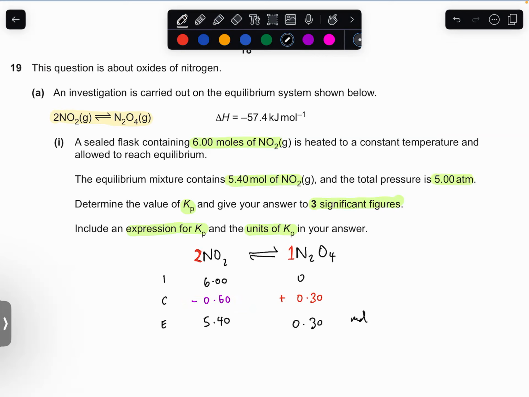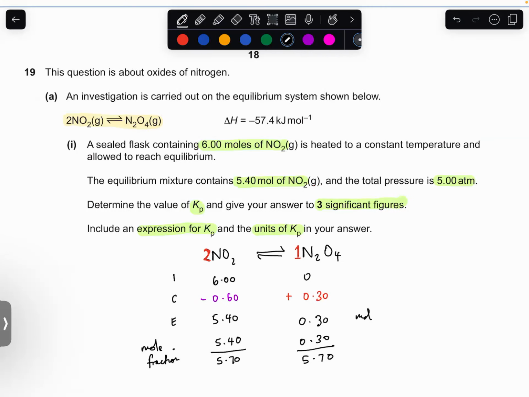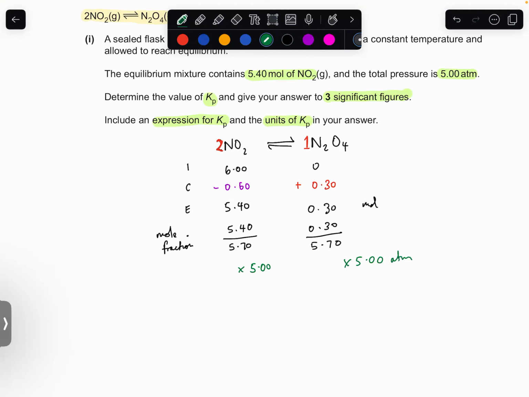Now, we need to work out the mole fraction because we're dealing with partial pressures. The mole fraction will be the moles of the substance at equilibrium divided by the total number of moles, which is 5.70. This will be 0.30 divided by 5.70. And if we multiply by the total pressure, which is 5.00 atm, that gives us our partial pressures.